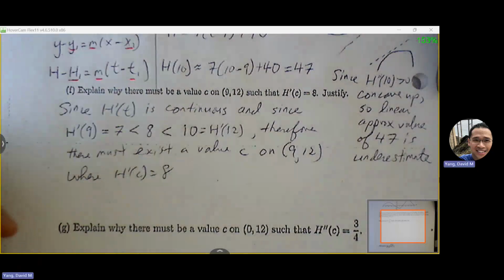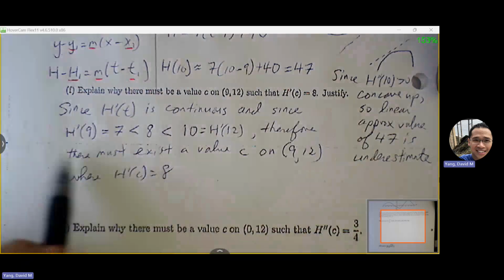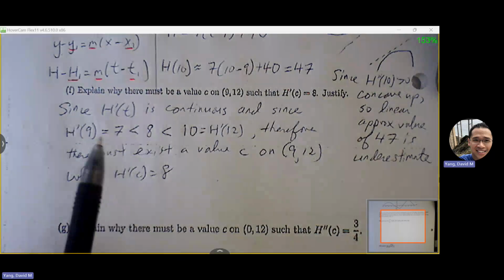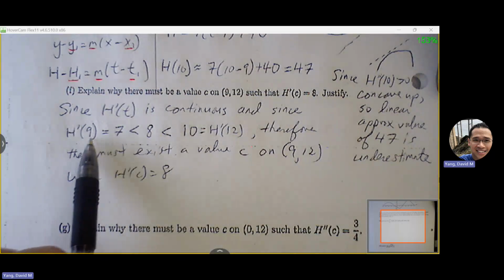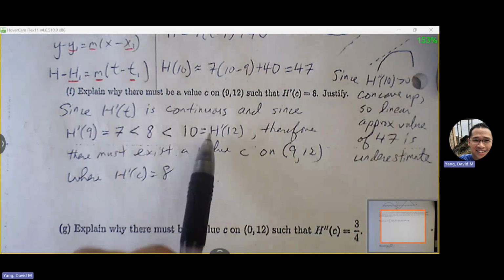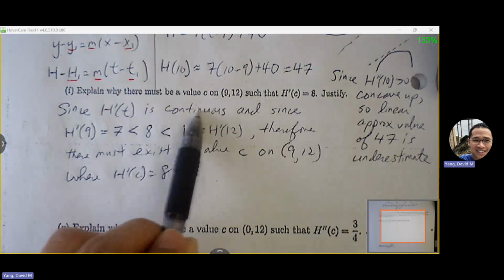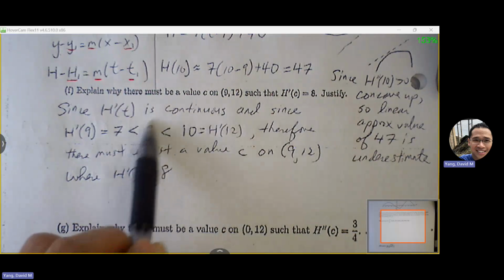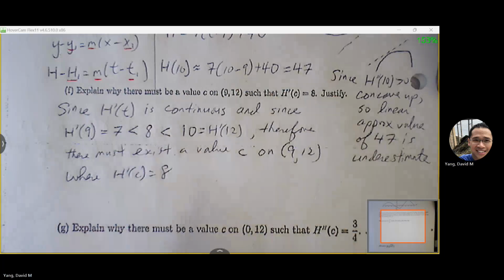So IVT, I think, is easy to spot, but it's a little bit cumbersome to write out. It's basically saying, okay, I have a point that's below my target, I have a point above my target. I know that every point is going to be connected between the two endpoints, so I've got to reach my target somewhere in between.